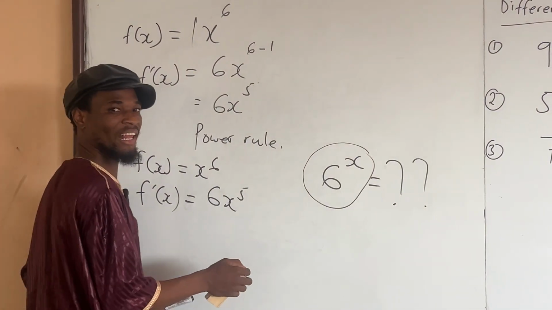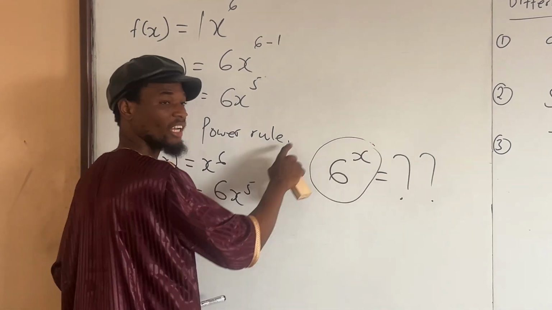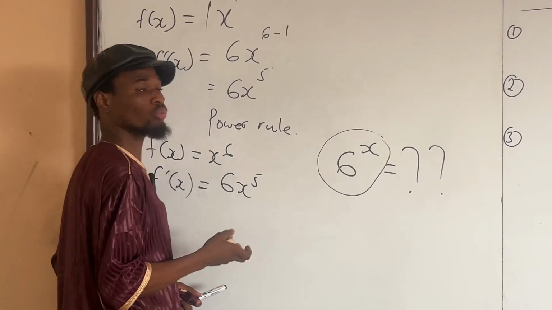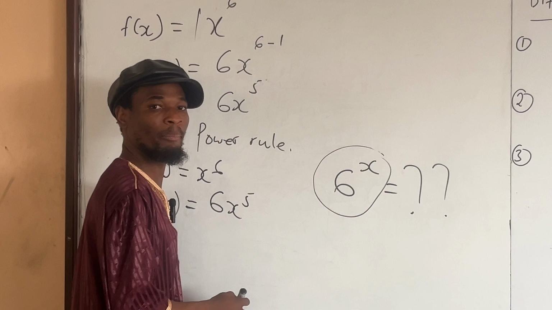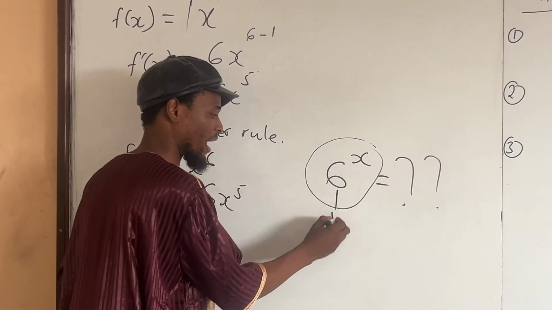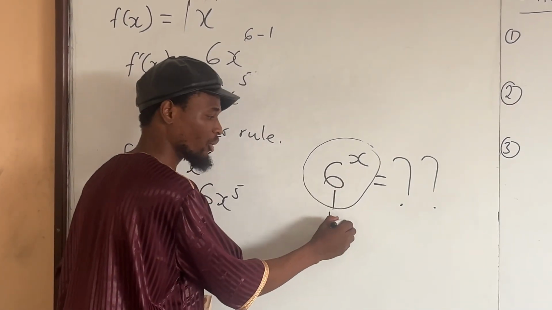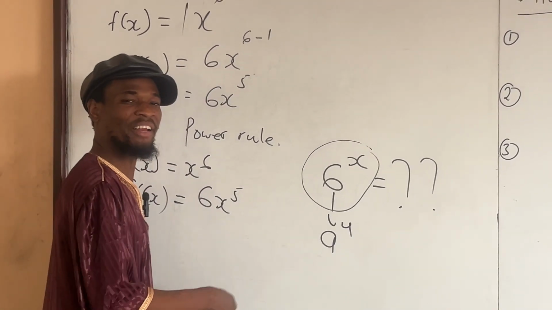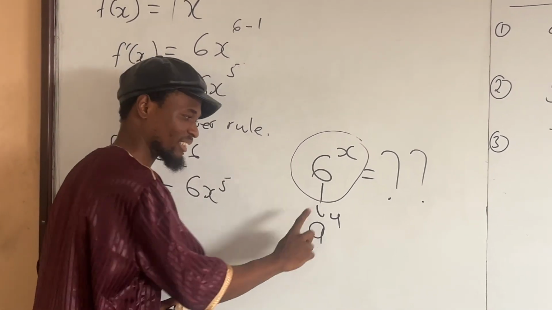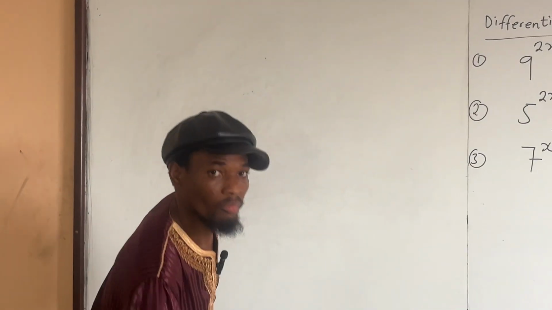Let functions of this nature be equal to a raised to the power u. So this is my a, and u denotes the exponent. In other words, we are going to differentiate functions of this nature.